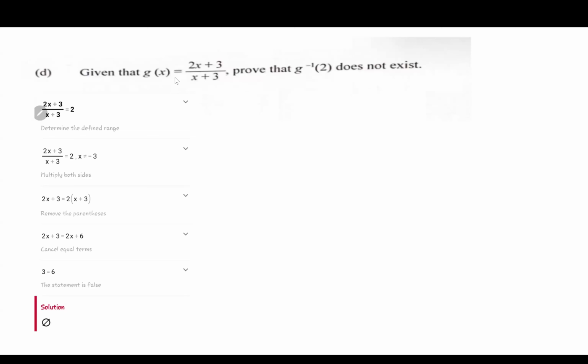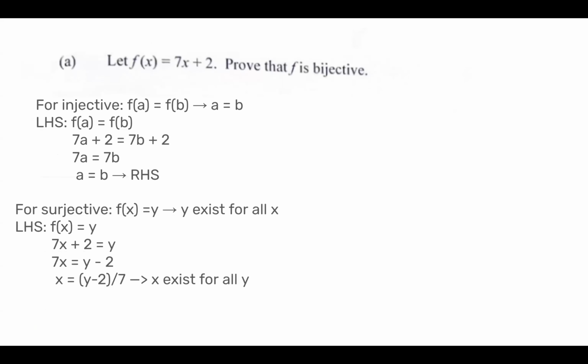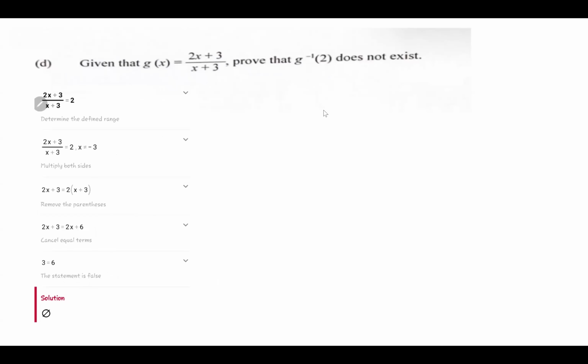The way that I did this is without finding the inverse. The reason I did that is because in the question before this, I basically found the inverse, and I wanted to show you guys a different way of approaching everything. But yes, the expected approach that most people will have is to just find the inverse itself, plug in 2, and show that the denominator is 0.